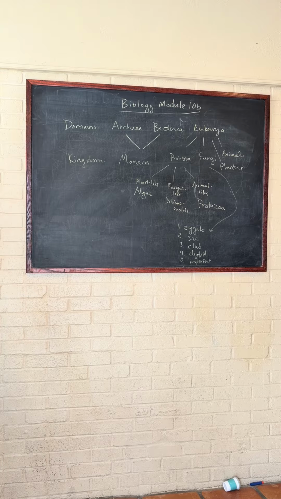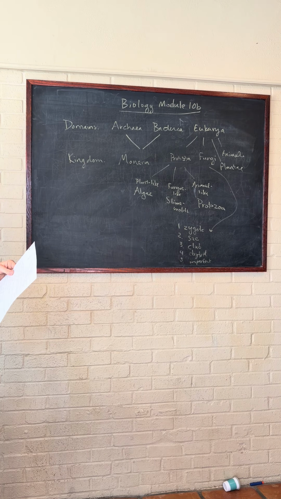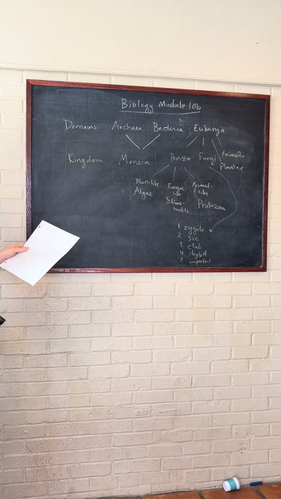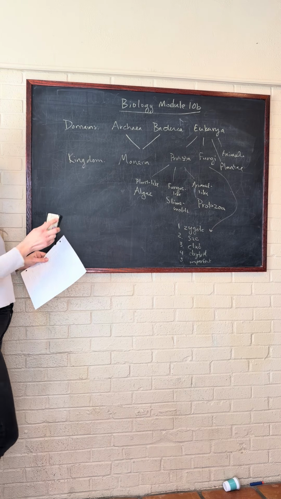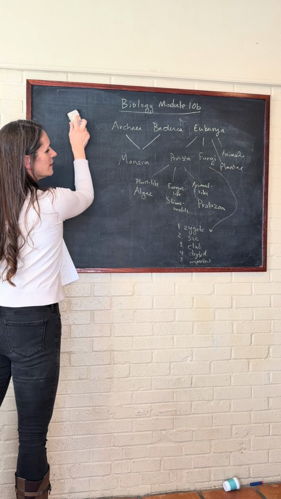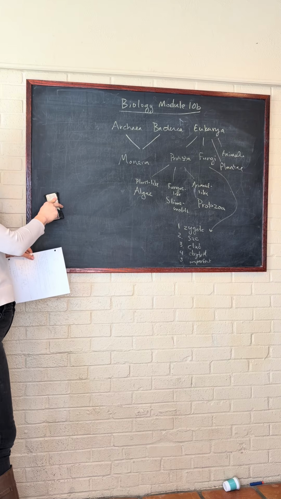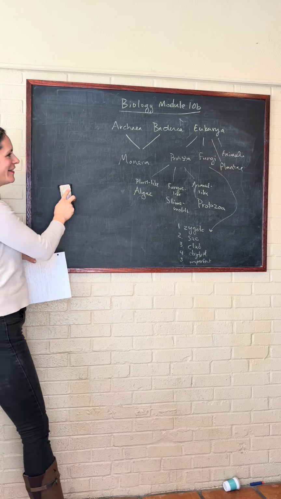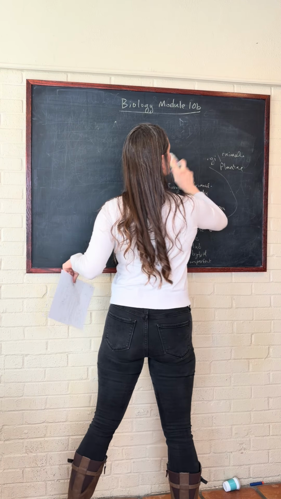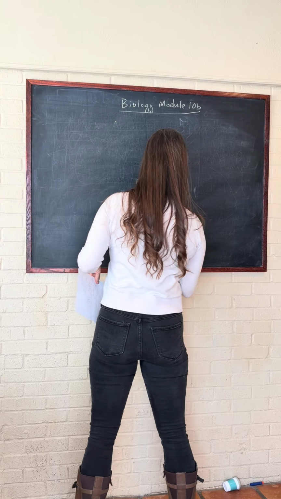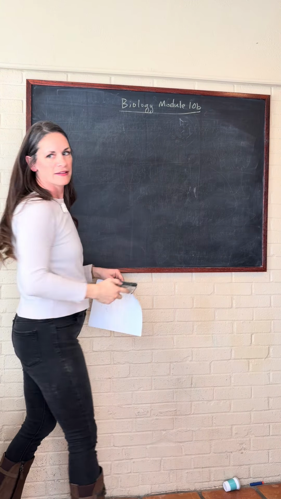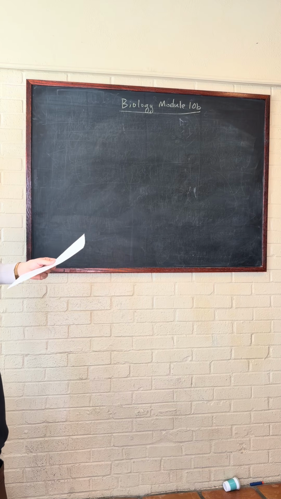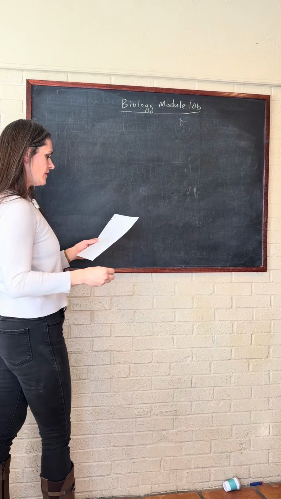Okay, so this is where we've been, and where we're going this semester. I'm going to erase this, and we are going to move on to general characteristics of fungi. And this diagram and these facts are going to be on your test.